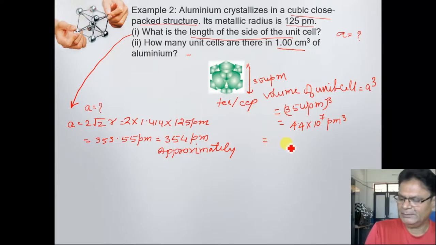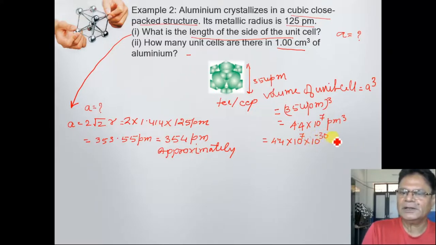How? By multiplying with 10 power minus 30. So 4.4 into 10 to the power 7 into 10 to the power minus 30. Now it has been converted into centimeter cube. This is equal to 4.4 into 10 to the power minus 23 centimeter cube.